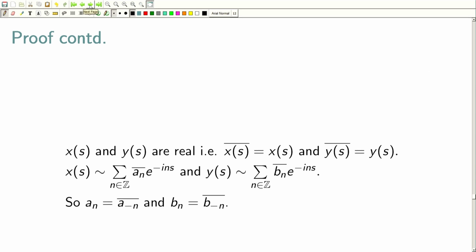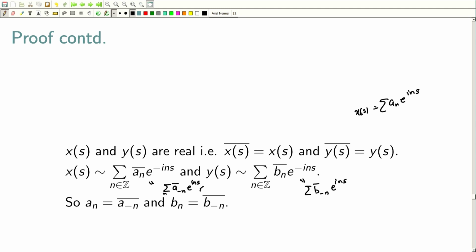Therefore, by the equality we will get the following. On the other hand, we have x of s equal to the sum of a n e to the power i n s, and now x of s bar I can write as the summation over n of a of minus n bar e to the power i n s, because n is varying over Z. I just make a change of variable from n to minus n. Similarly, I can rewrite y of s bar as the sum of b of minus n bar e to the power i n s.